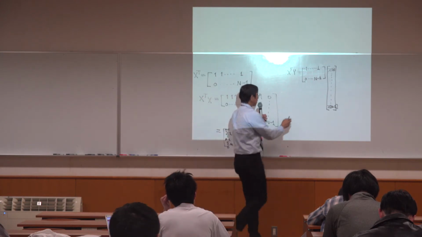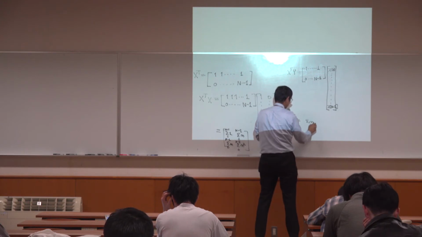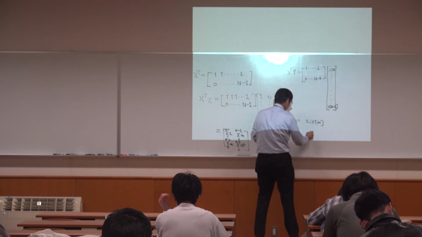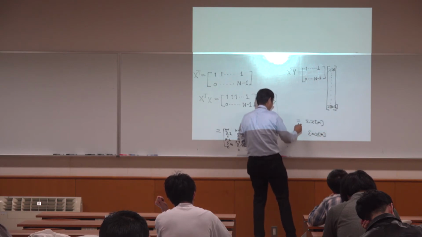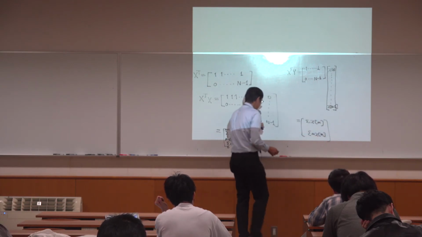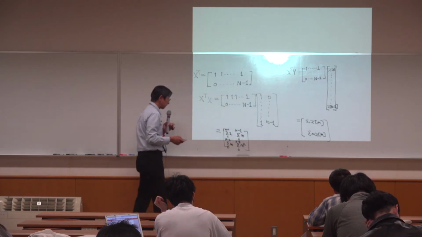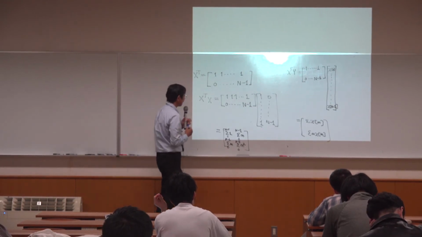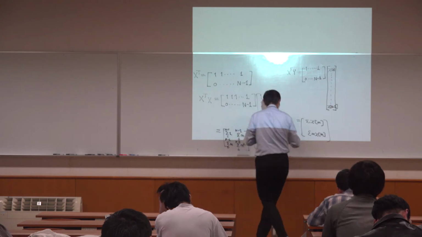Then you get the summation of xn. The second one is the summation of n times xn. This is completely the same form. If you disregard the 1 over n as a coefficient, then you can get this, 1, is equal to 2.